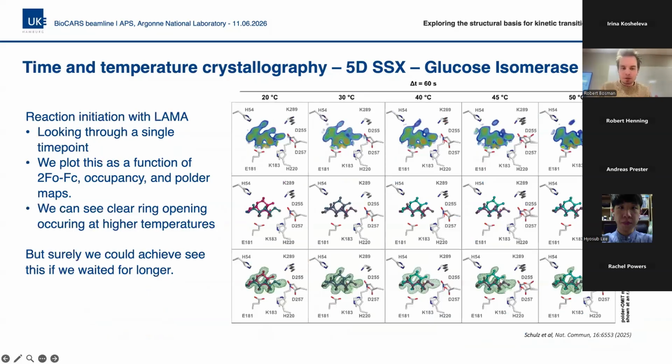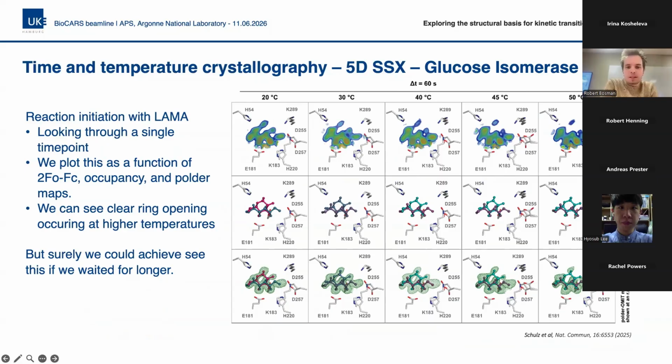And then, of course, now we have this entire setup, we can look at a temperature series at a time point rather than just a series of time points. So this is the glucose isomerase again, but now we're at 60 seconds, where we were at 20 degrees in the data I showed you earlier, and here we see a primarily closed cyclized glucose.